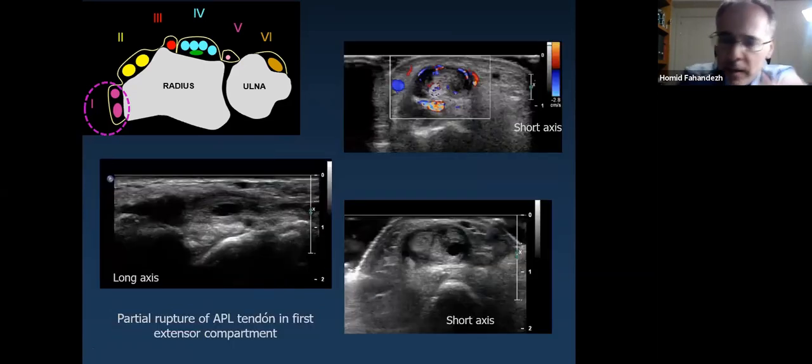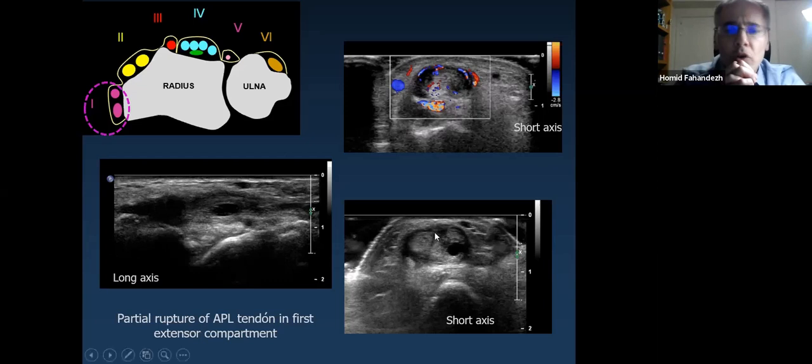Another thing that we can find inside of the first extensor compartment are partial ruptures of the tendon. At this point, it's really important to know that we must always check the rupture in long axis and short axis. Why? Because in long axis we can see an area of partial rupture, but you don't know the tendon that is affected.